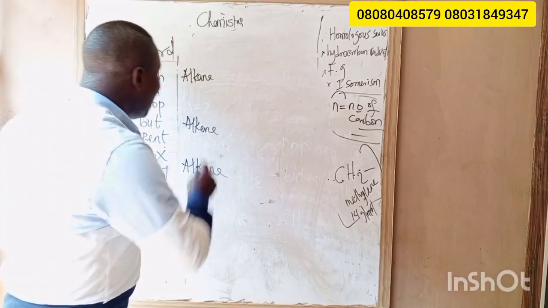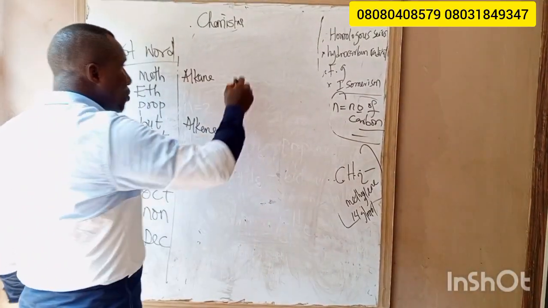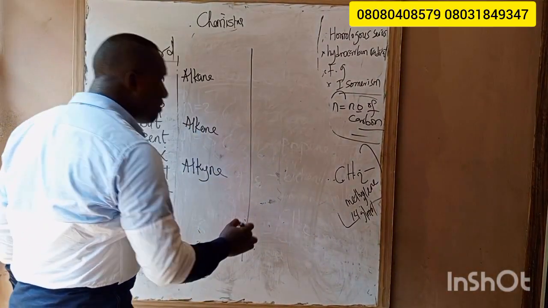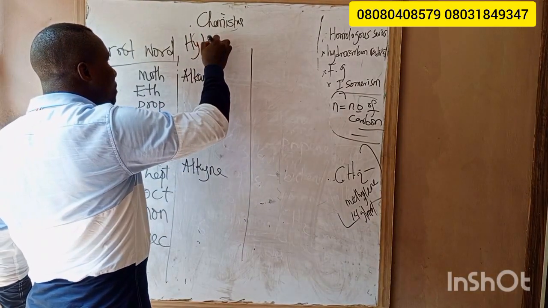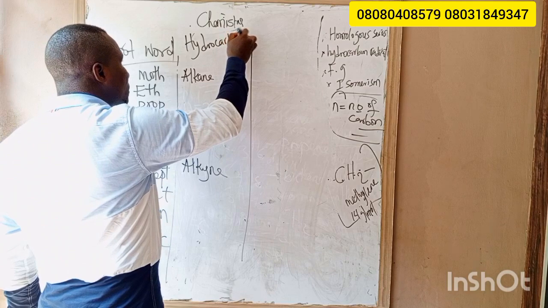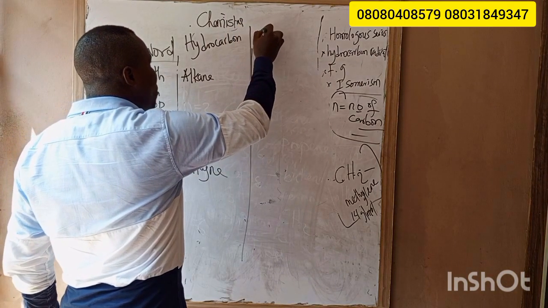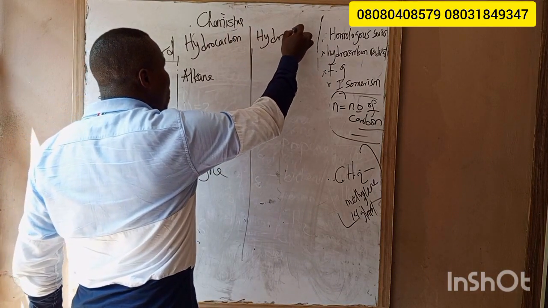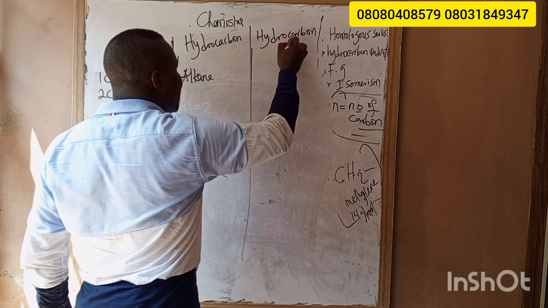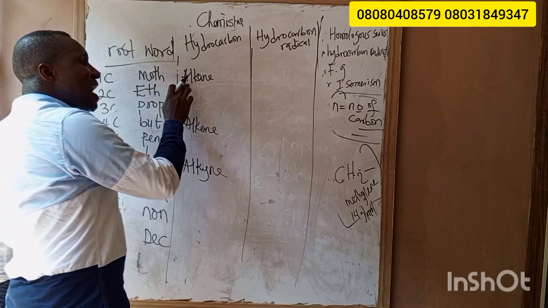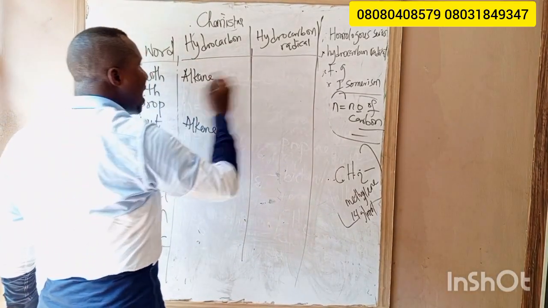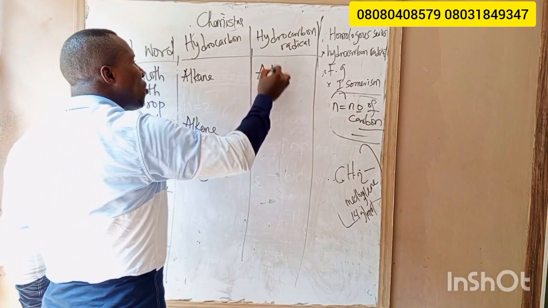We have alkane; this is a hydrocarbon. Then we have hydrocarbon radicals here. The hydrocarbon radical of alkane is what?